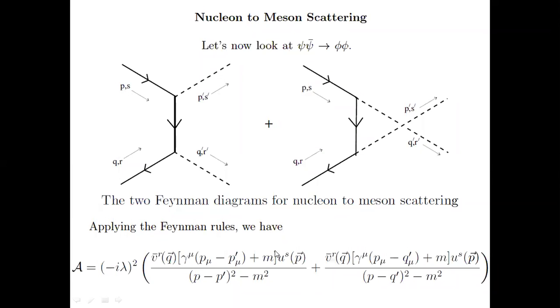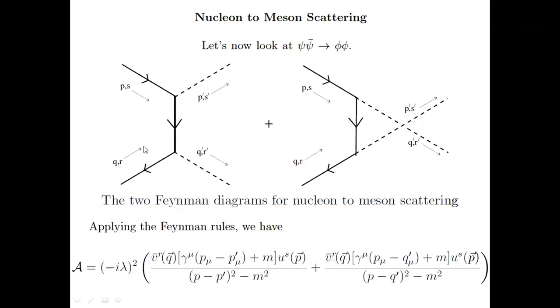So this is, as you remember, the propagator of the fermionic field. This whole thing is contracted with USP, which is the incoming nucleon, and VR bar Q, which is the outgoing nucleon, right?